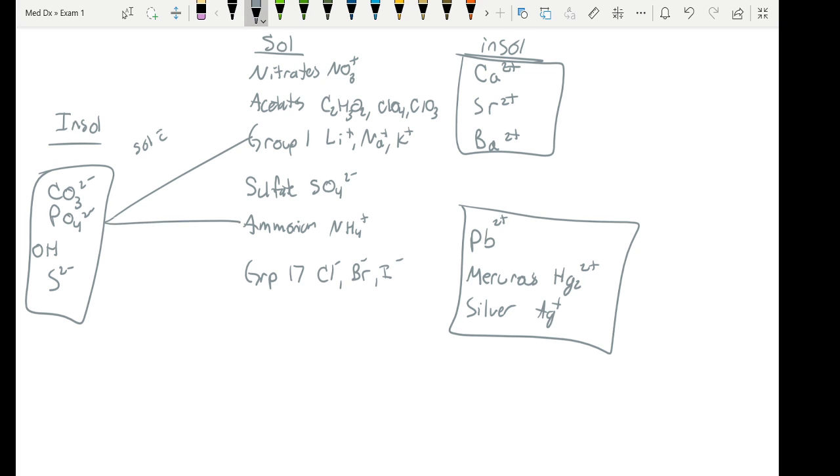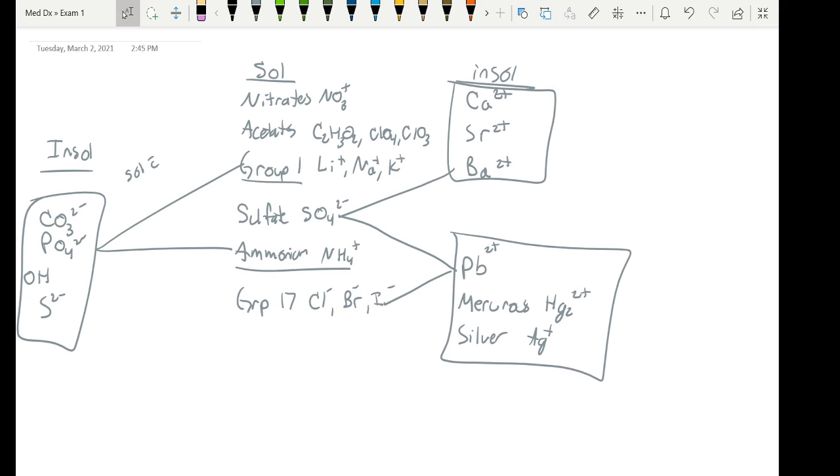So if you have a lithium carbonate, you know that that's going to be soluble. And of course you've got your ammonia with your sulfur and stuff like that. Next, you've already got lines on the group 1 and the ammonia. So now you're going to go here, here, and here.